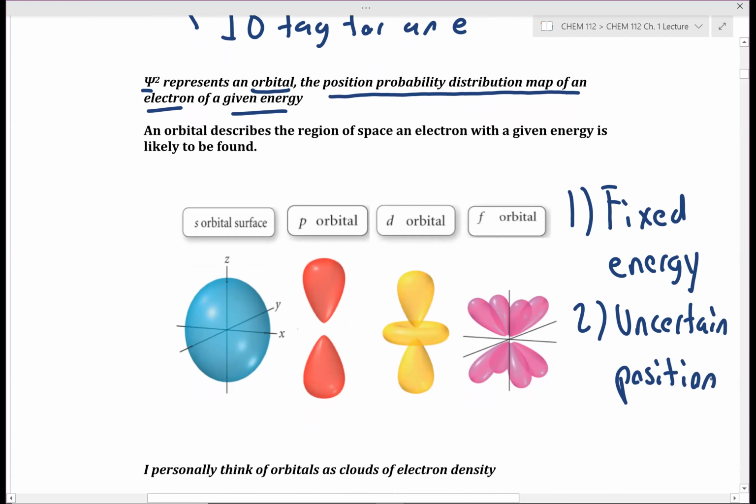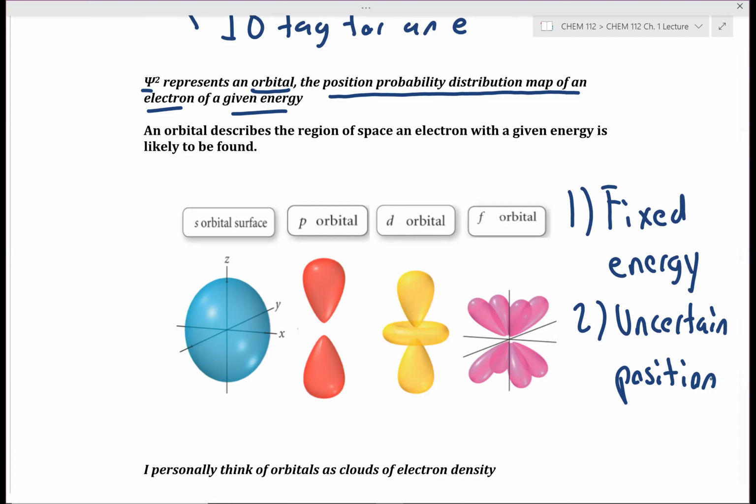For those of you who use Uber, for example, and you're waiting for your driver to pick you up, it shows you a general region where your driver is likely to be. It doesn't show you the exact location. You know our electron is somewhere in this region of space, and we know our electron in that region of space has a certain energy.